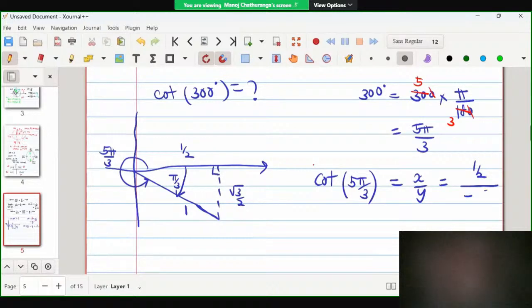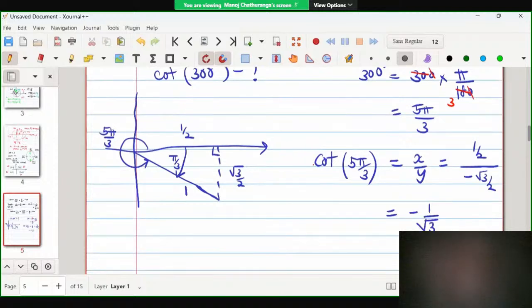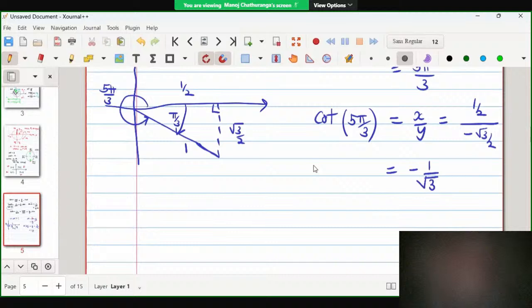Negative square root 3 divided by 2. So the answer is negative 1 over square root 3.